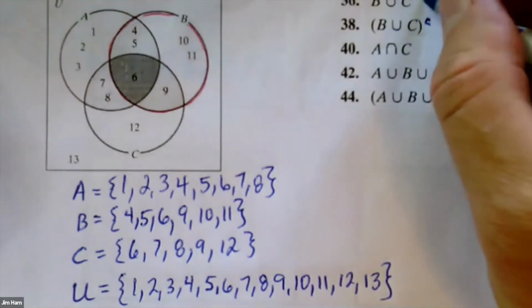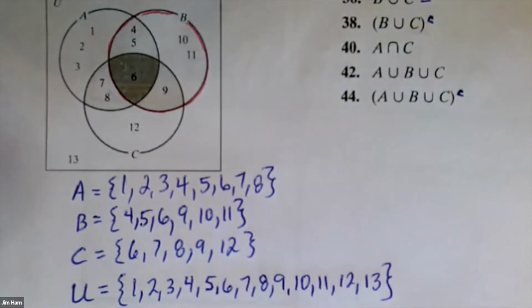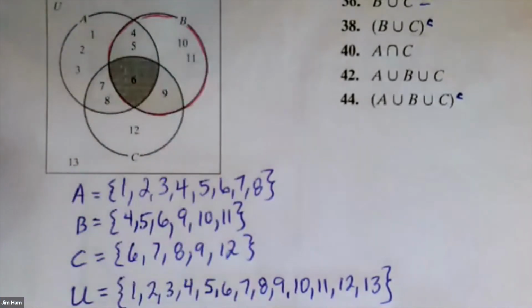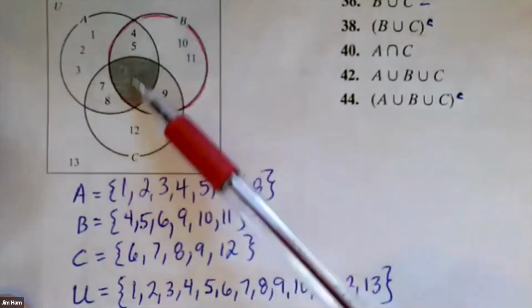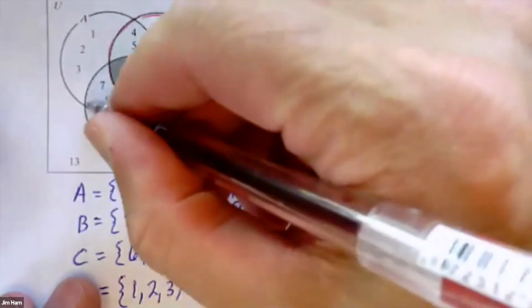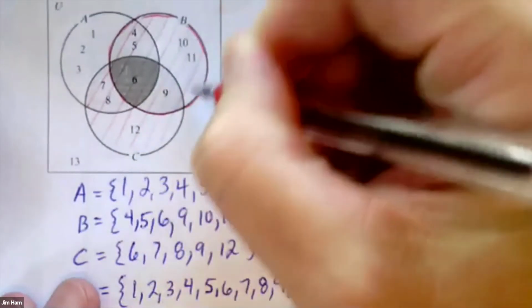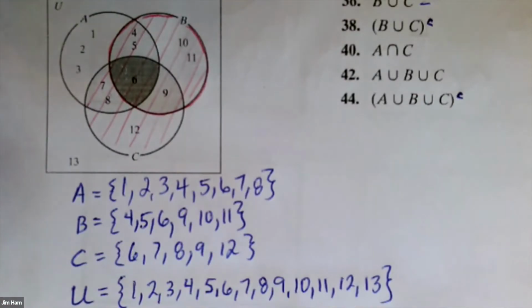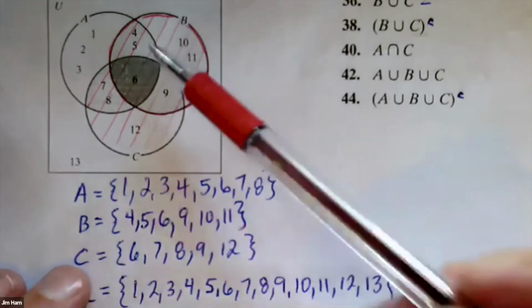Okay, B union C. Now, when I look at B union C on the Venn diagram, here's B and here's C. So I want to combine all those elements together. So I'm going to shade it. Here is B union C, all of the elements that are shaded. So if you look at all of the numbers that exist in those regions that I shaded, you can just list them all.